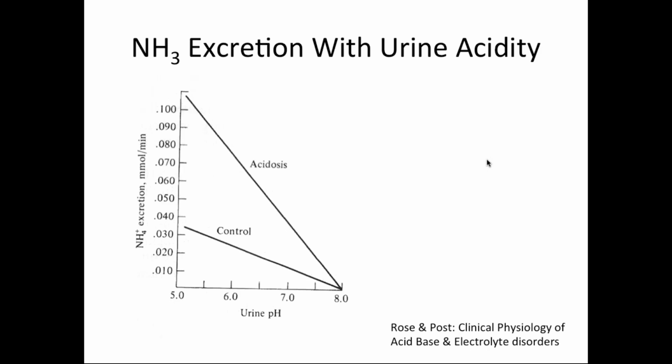Another part of this ammonia excretion is, if you look at the acidosis or the urine pH, as the urine pH goes down, the ammonia excretion in the setting of acidosis is much higher compared to if it was just static ammonia excretion.